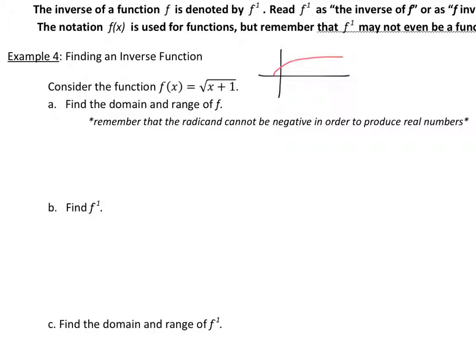We're not looking for i's. Right, Clay? We're not looking for i's. We want whatever's inside the radicand to be positive. So that is going to affect our domain. So for our domain, x plus 1 needs to be positive. So we write that as greater than or equal to 0.